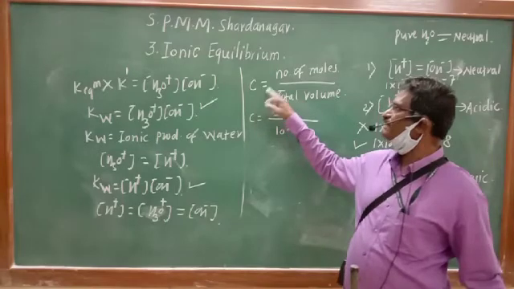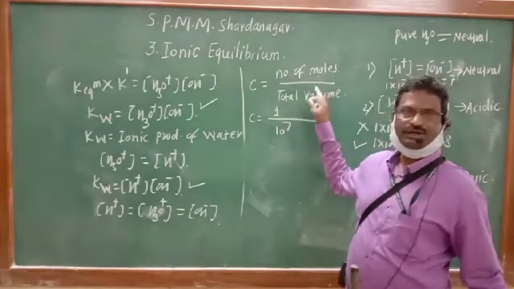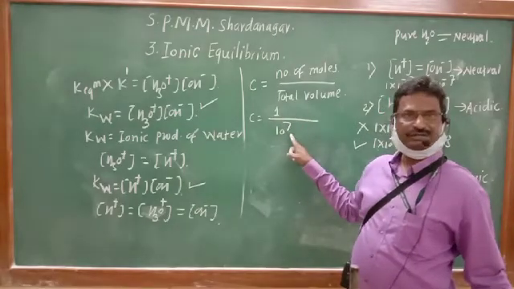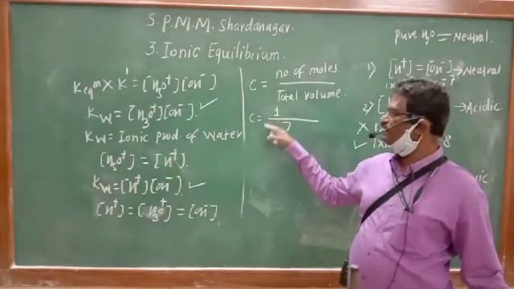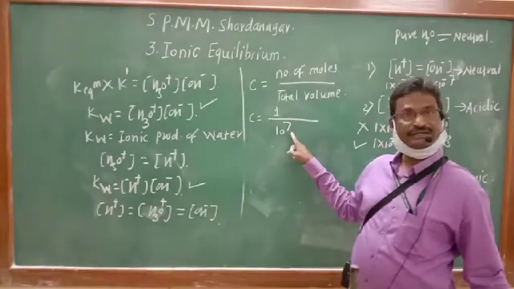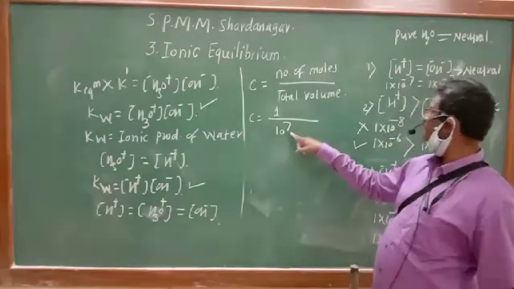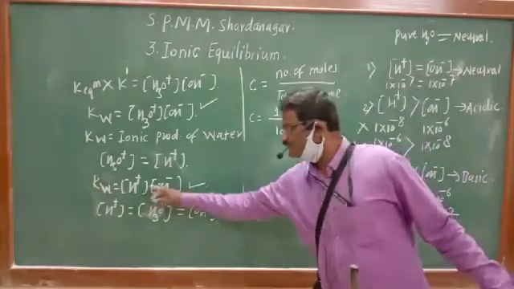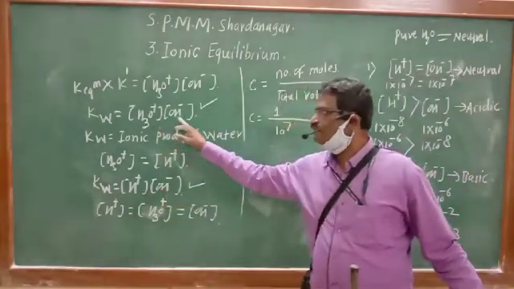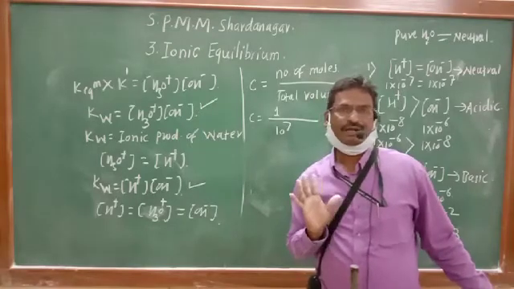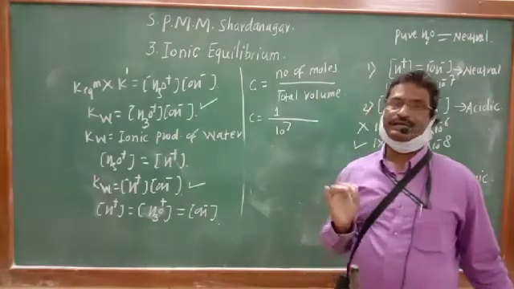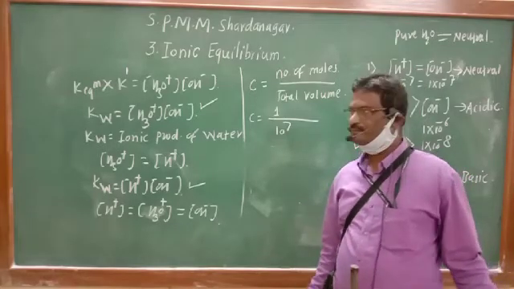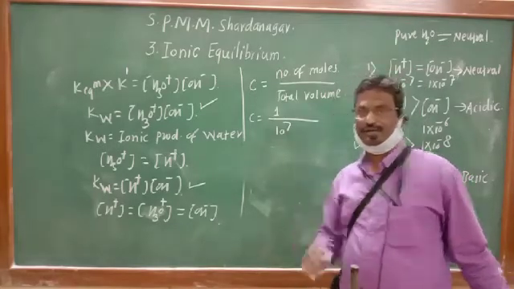Concentration is nothing but number of moles divided by total volume. 1 mole divided by 10 raised to 7, therefore this becomes 1 into 10 raised to minus 7. Substituting the values for H plus and OH minus, or H3O plus and OH minus, we have calculated the ionic product of water as 1 into 10 raised to minus 14.